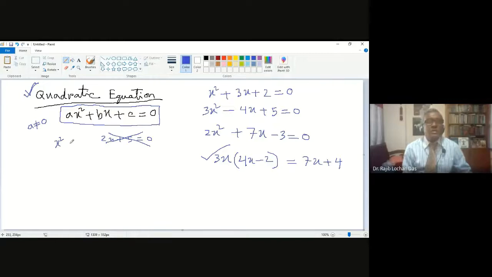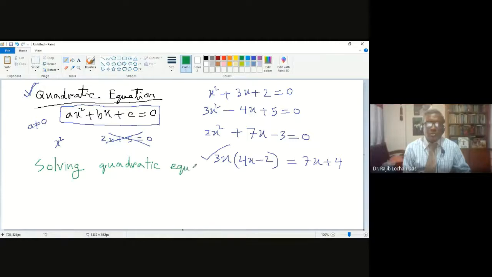Now, if you understand this is a quadratic equation, then the question comes, how can you solve this? Solving a quadratic equation, there are different techniques, and one technique is called middle term factorization. So one solving technique is middle term factorization.